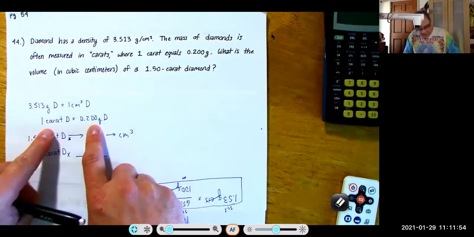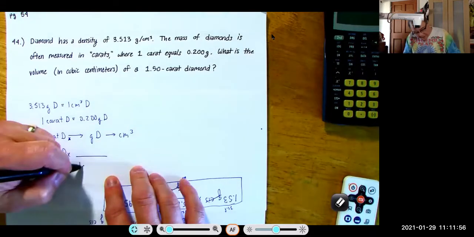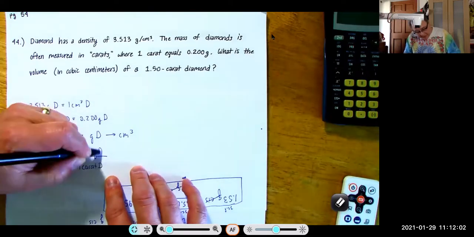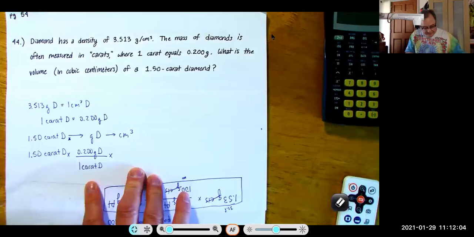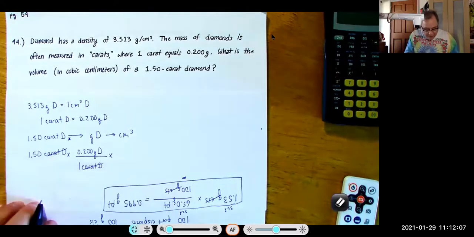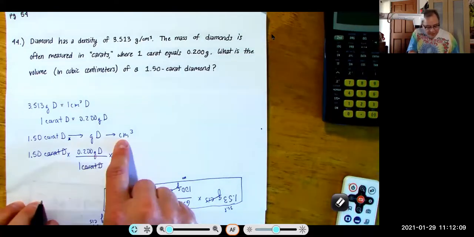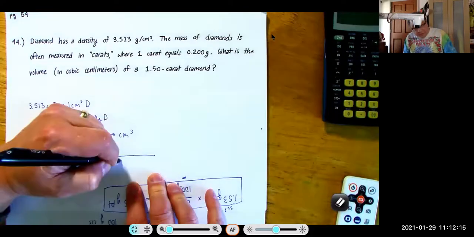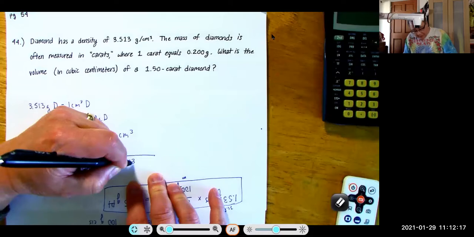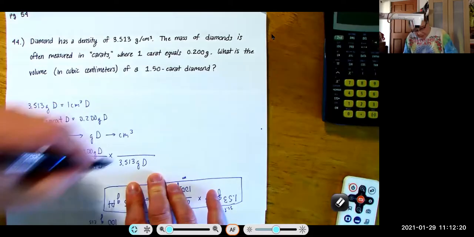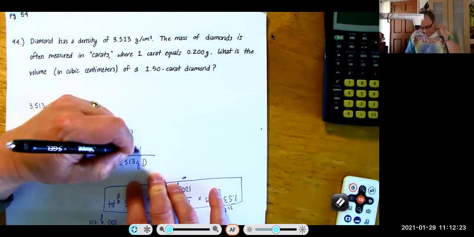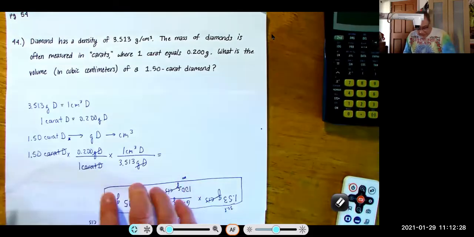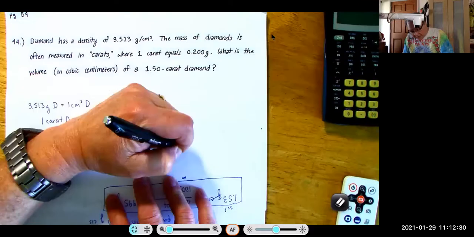And I'm clearly going to put 1 carat of diamond in the bottom and 0.200 grams of diamond on the top, so that these cancel. And then following my roadmap, if I'm going to go from grams of diamond to centimeters cubed, I'm going to use this guy up here. And I'm clearly going to put 3.513 grams of diamond on the bottom and 1 centimeter cubed of diamond on the top, so that these cancel. And so clearly, based on what I've written here, the answer is centimeters cubed of diamond.